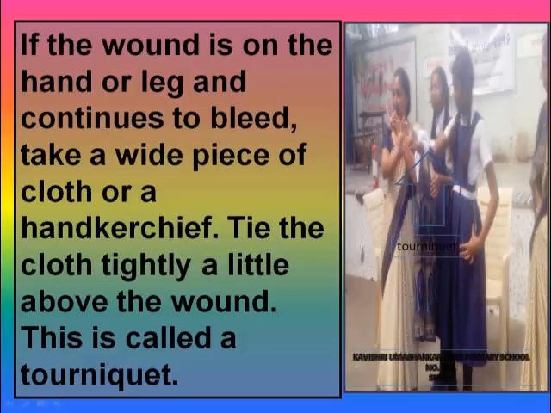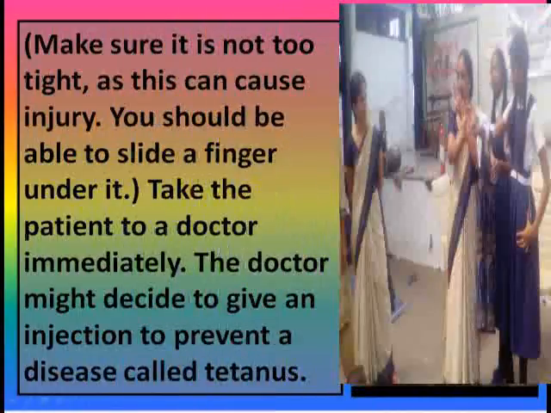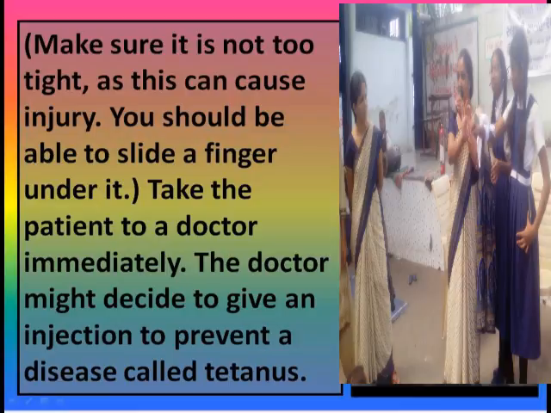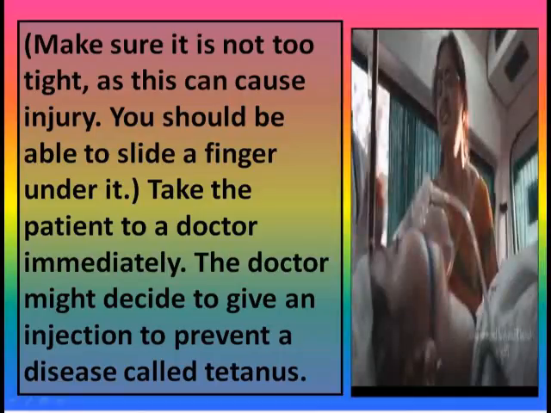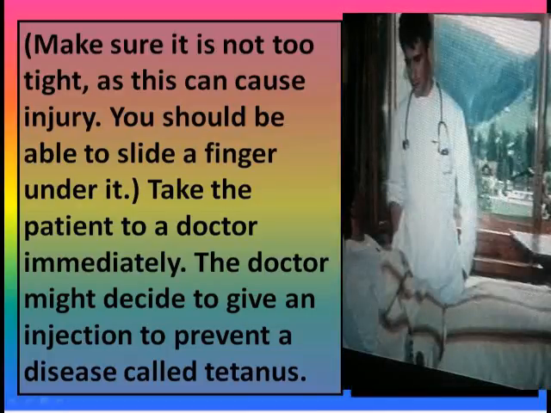This is called a tourniquet. Make sure it is not too tight as this can cause injury. You should be able to slide a finger under it. Take the patient to a doctor immediately. The doctor might decide to give an injection to prevent a disease called tetanus.